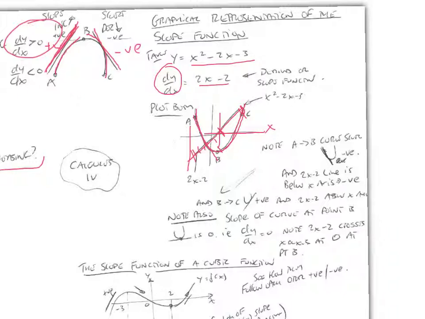Okay, and also, the slope at point B here is 0, and that's 0 here on the y-axis, it's 0 there, where it cuts the x-axis. So the negative and positive nature of the slope function replicates the positive, negative, increasing, decreasing nature of the curve.